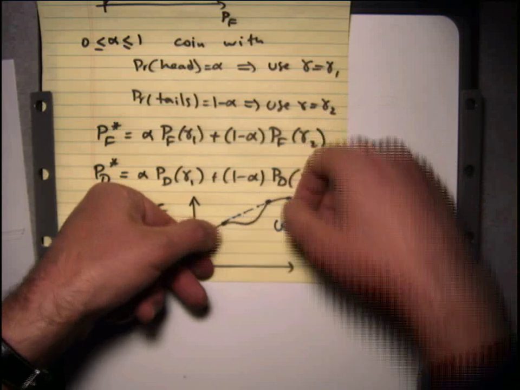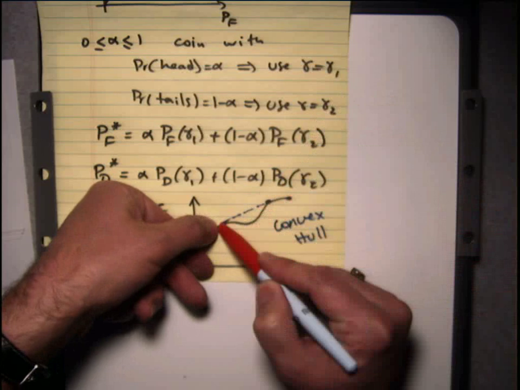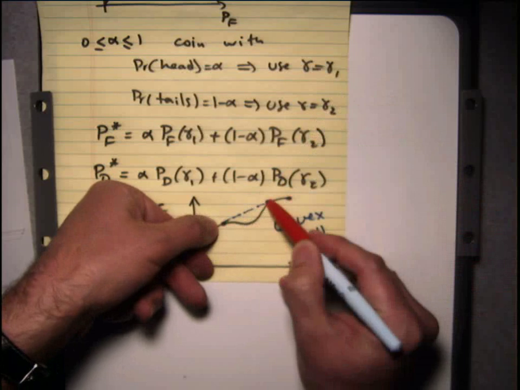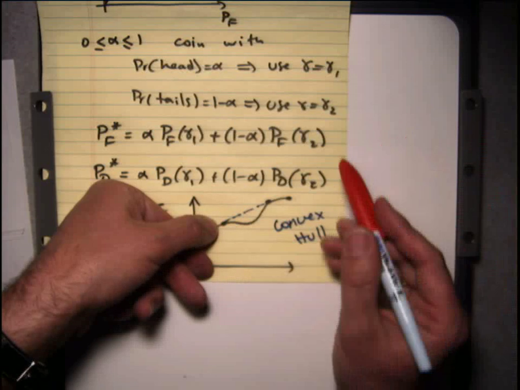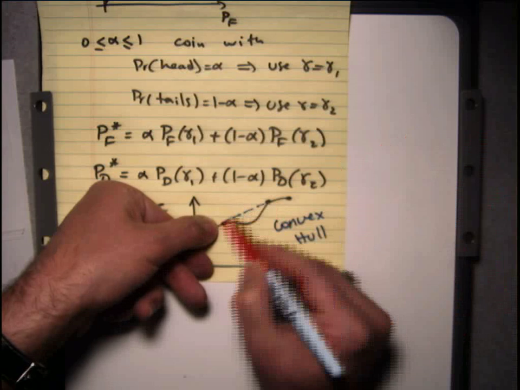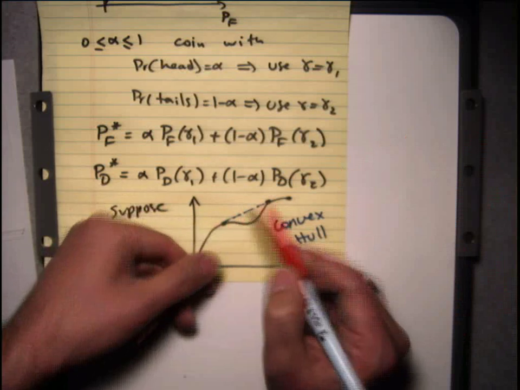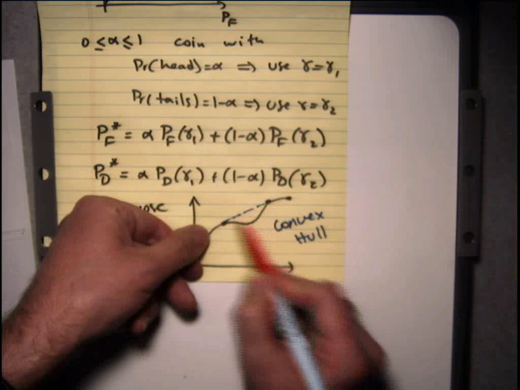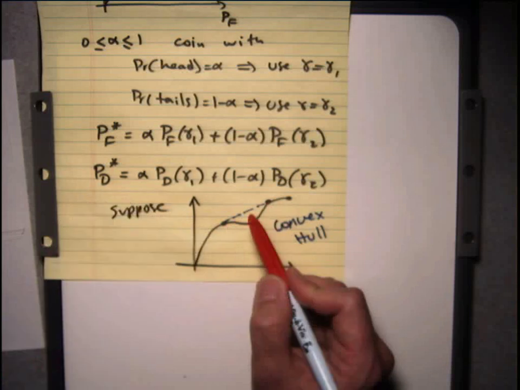So essentially, ignore this detector in between and only operate either here or here by random choice. By virtue of doing that, you close this line and you make it convex. I see. There's no reason why your operating point should have to be in this region. You just move it up.